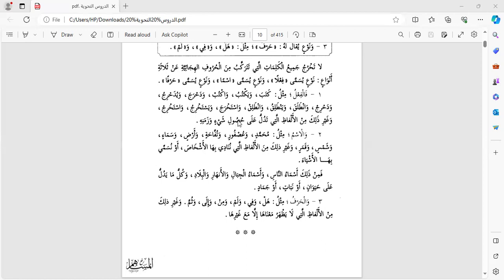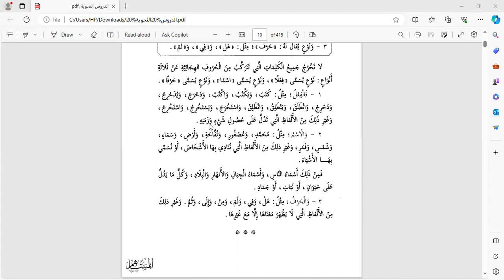Okay, two tips. First thing, if you didn't hear this word before, or if you don't know the meaning of this word, you have to translate it, for example, in English or in your mother tongue language. The second thing is the sign that this word is a verb, which is التي تدل على حصول شيء وزمنه.